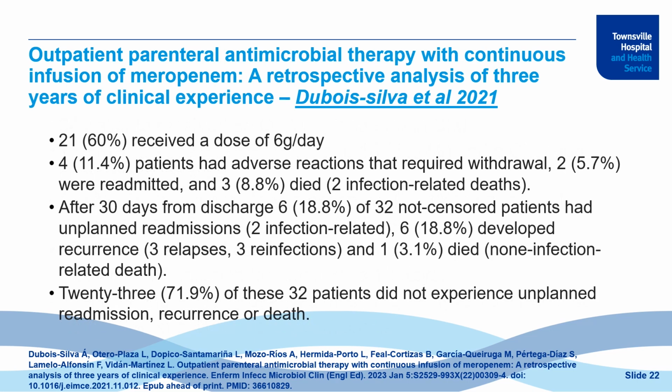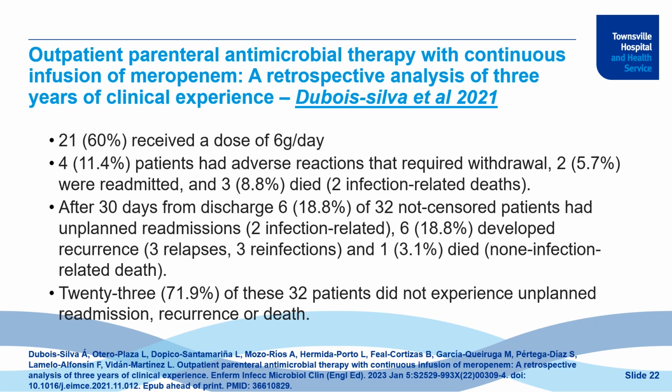What they did show, if you look at the bottom line there, was that 23 patients out of the 32 did not experience any unplanned readmission, reoccurrence, or death. So this was a little bit less than the previous one, which was a little bit over 80% that had good clearance and success. This was down at 71%.